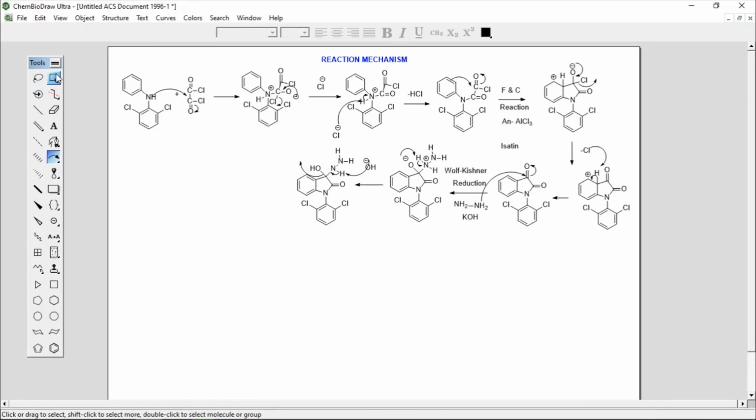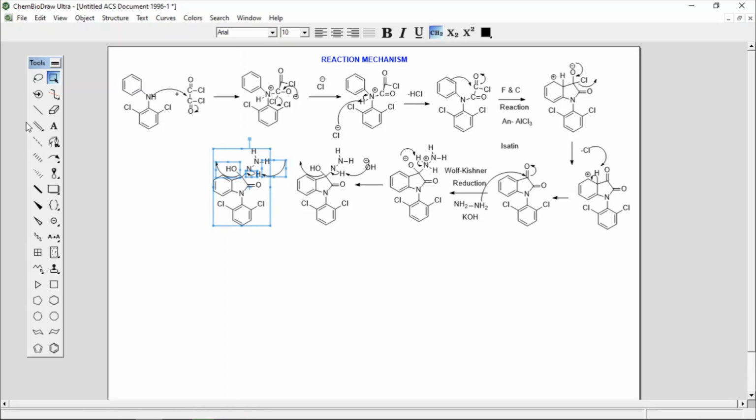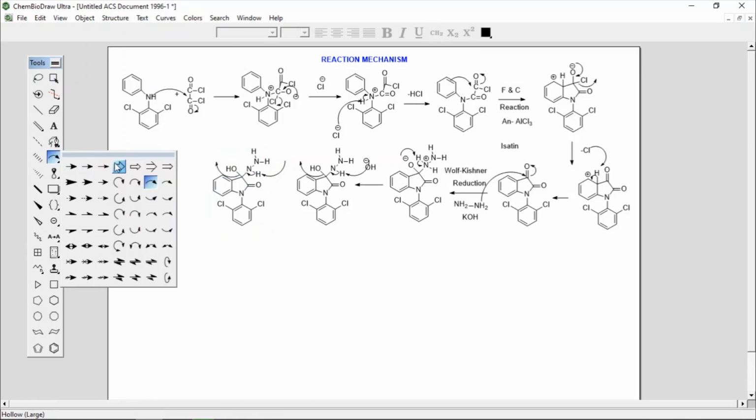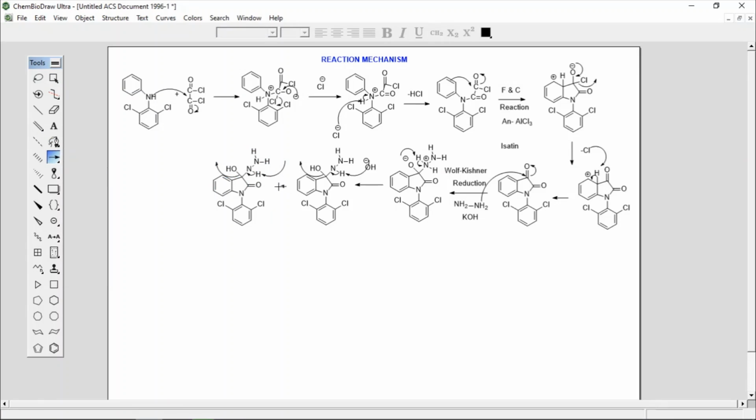So the next structure will have a double bond between carbon and nitrogen. Now this group will not be there in the next structure. There is a double bond between this carbon and nitrogen.